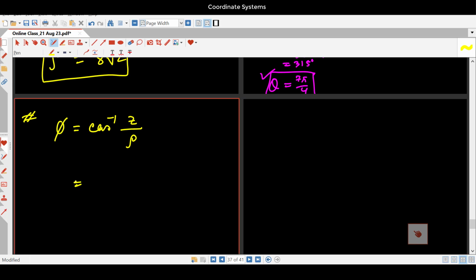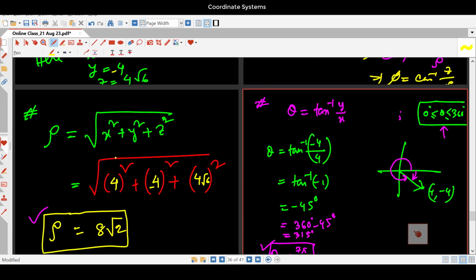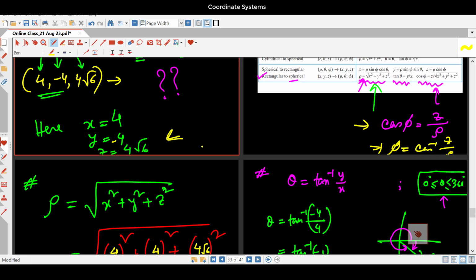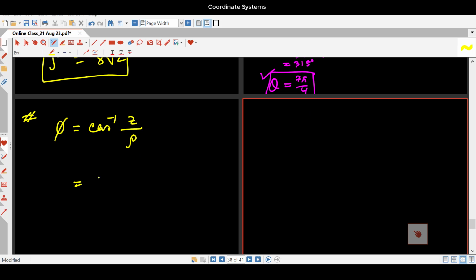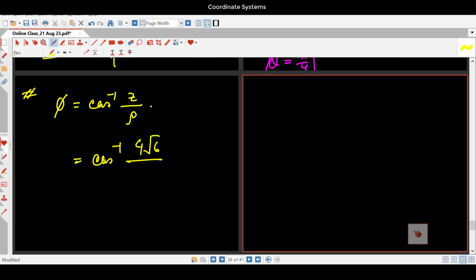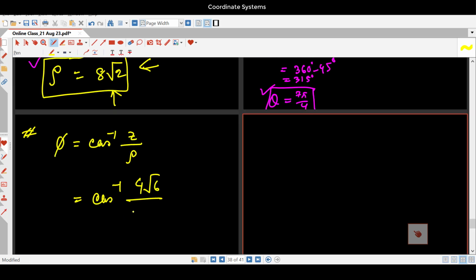So what is z for our problem? You can see z is 4 root over 6. So cosine inverse 4 root over 6 divided by rho. So rho is already found, that is 8 root over 2.